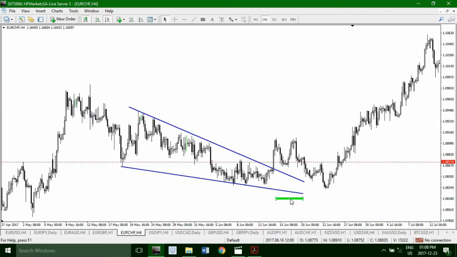It's our supportive trend line, yeah, and the target would be high over here. Our first target would probably be 700 points, 70 pips, somewhere here.